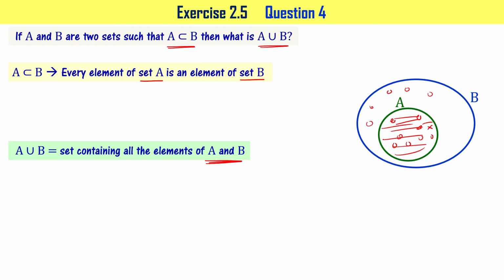It means A union B is going to be B. Got it? Since A is a subset of B, A union B is going to have all the elements of both A and B. That is why it is going to be equal to B. Right?